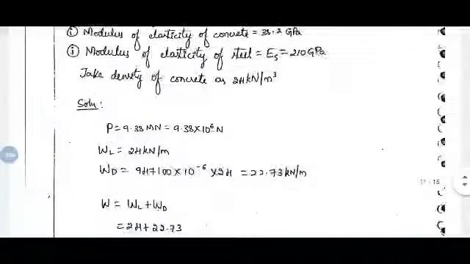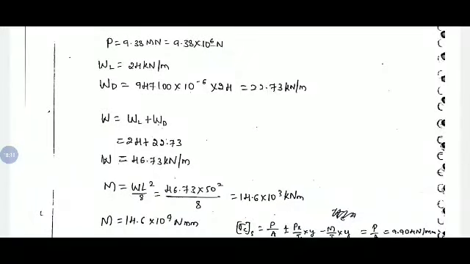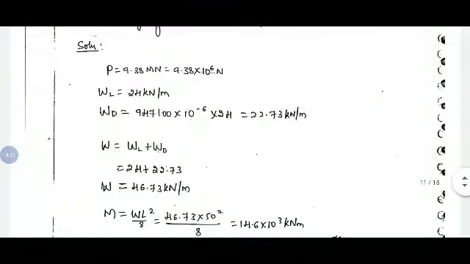Okay. So here it is post tensioned beam. So we need to find out losses of post tension. That is all losses we need to find out. So P is given in meganewton. Mega is 10 power 6. So 9.38 into 10 power 6 Newton. Live load is given 24 kilonewton per meter. Here loads we need to consider additional.